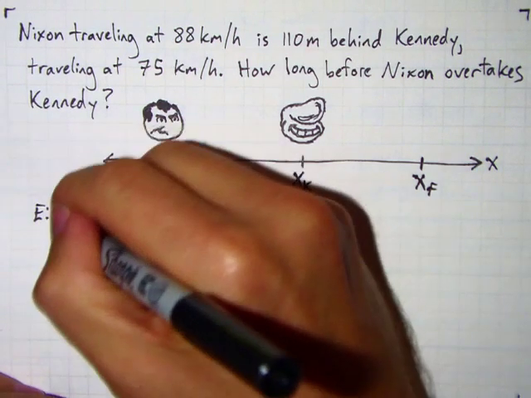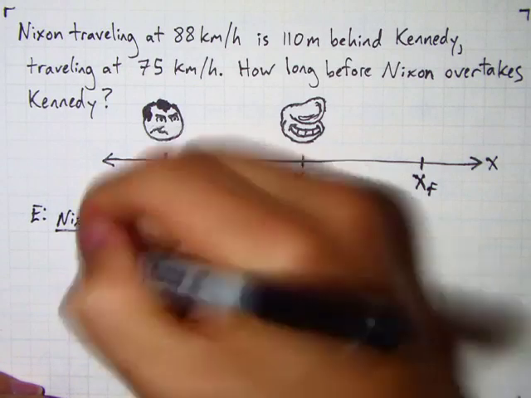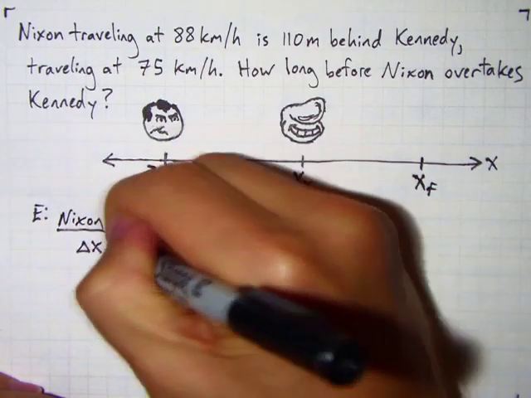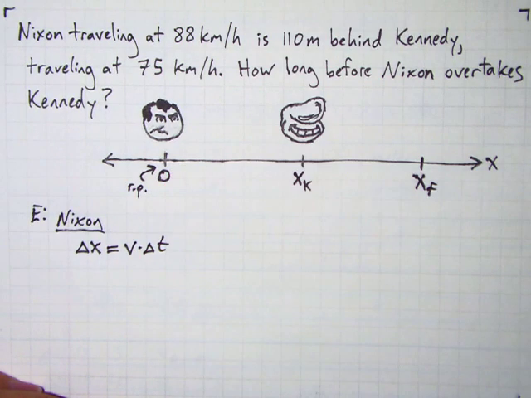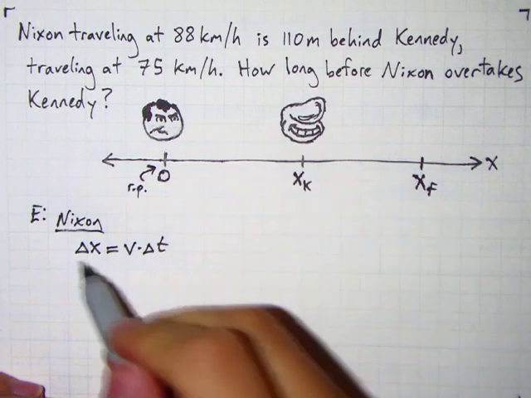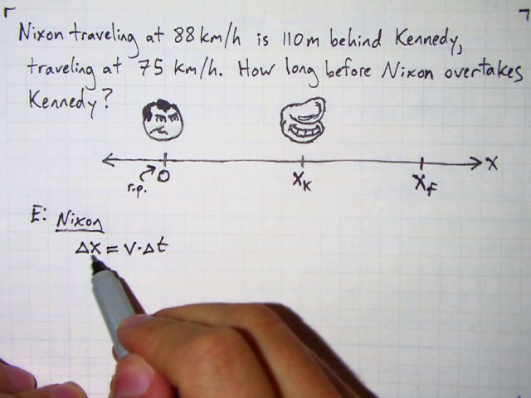Okay, so our equations. For Nixon's motion, we know he's moving at constant velocity, so we can use this constant velocity equation, delta x equals v times delta t. And let's expand here. Delta x, we know that's his final position minus his initial position.